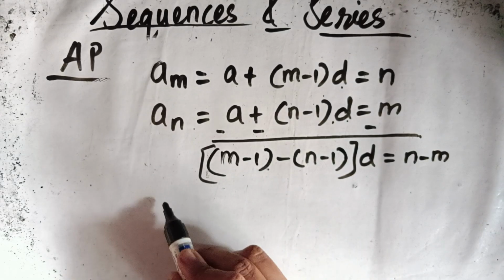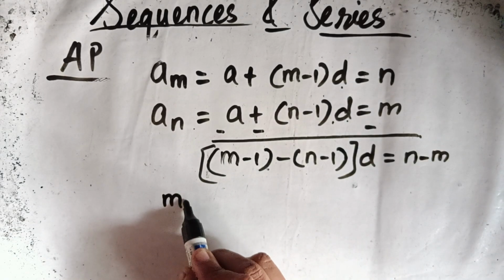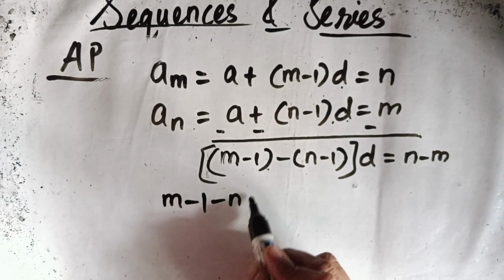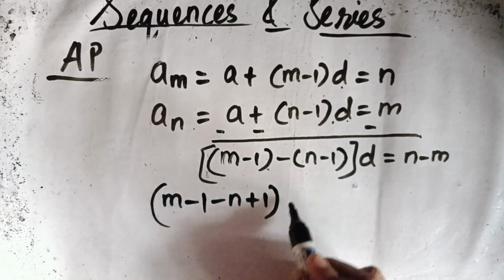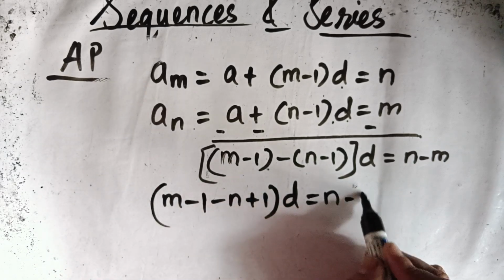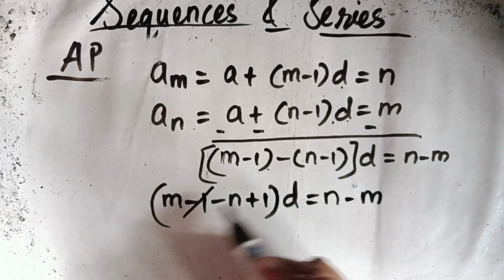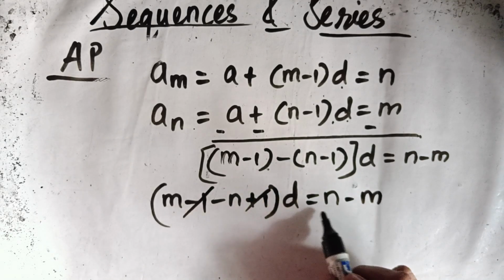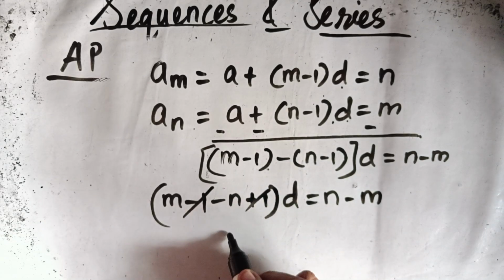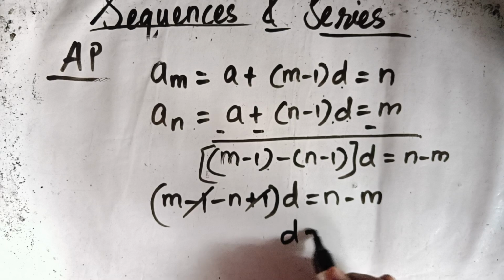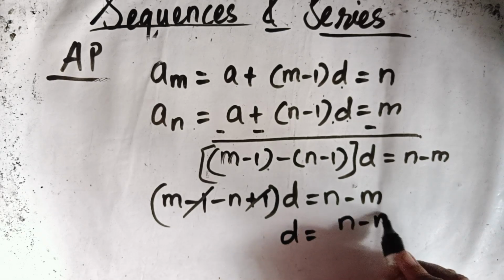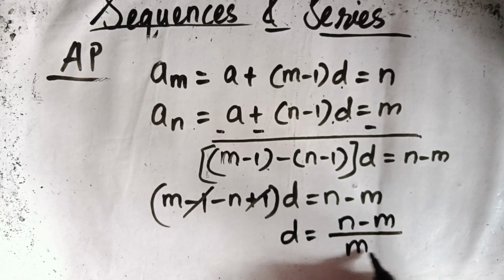So this is (m minus 1 minus n plus 1) d equal to n minus m. So (m minus n) d equal to n minus m. So d will be equal to (n minus m) upon (m minus n).